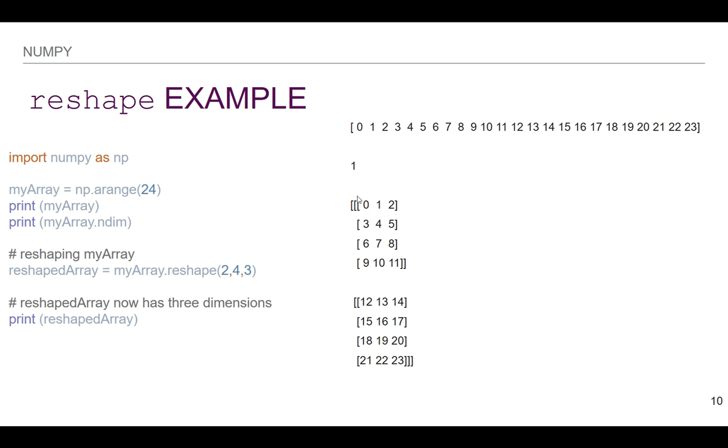And see, because this is 3-dimensional, the first index specifies what goes in one dimension, and this is what goes in the second dimension. And this is 4 by 3 and 4 by 3. And you see that here we get from 0 to 11, and on the second dimension you get from 12 to 24.